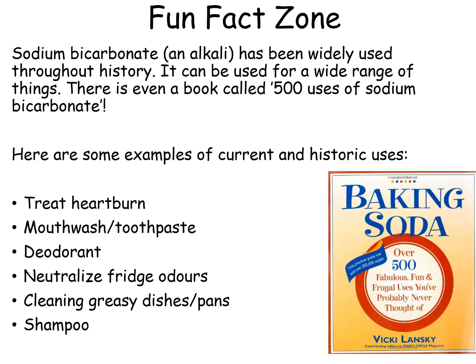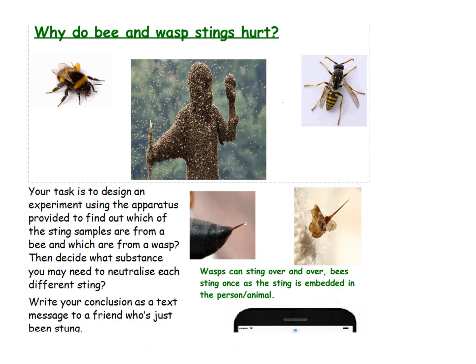So it's always worth looking up uses of bicarbonate. And lastly, it can be used to remove the smell from sweaty trainers. Put some in a tight or very thin sock, stuff it in the trainer, and it will remove the smell.